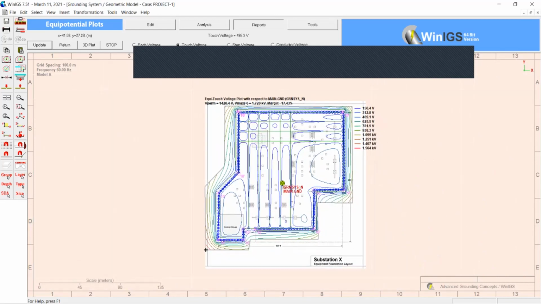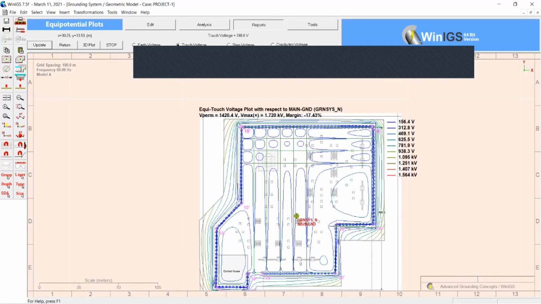So what you will do is, outside of your model, find 10 points in the corners and close to the gate. In different areas you will find 10 points which are 1 meter away from the fence, outside.